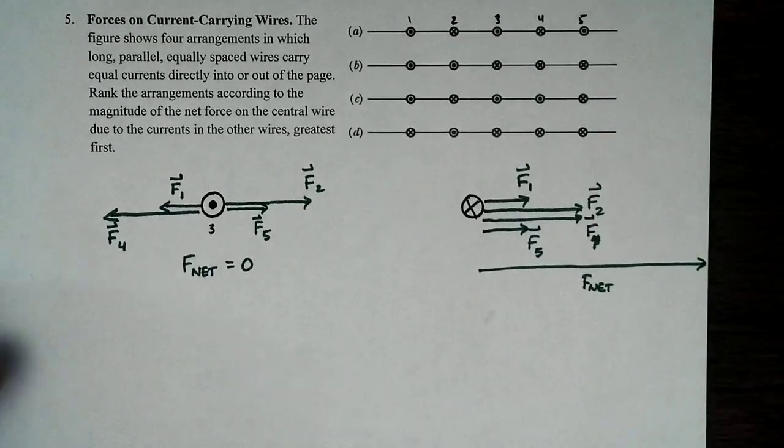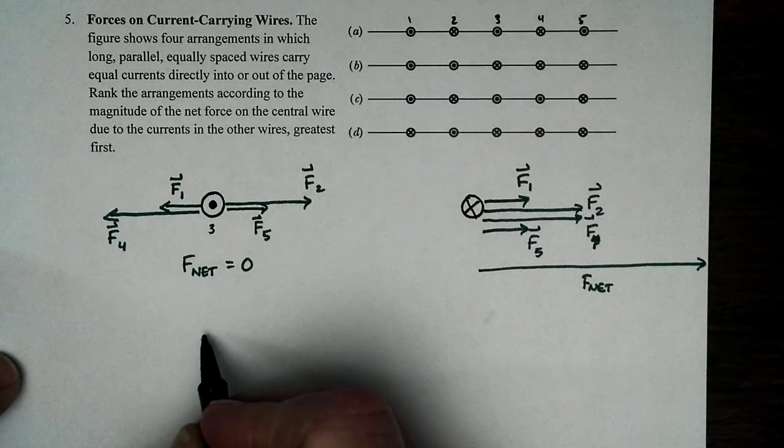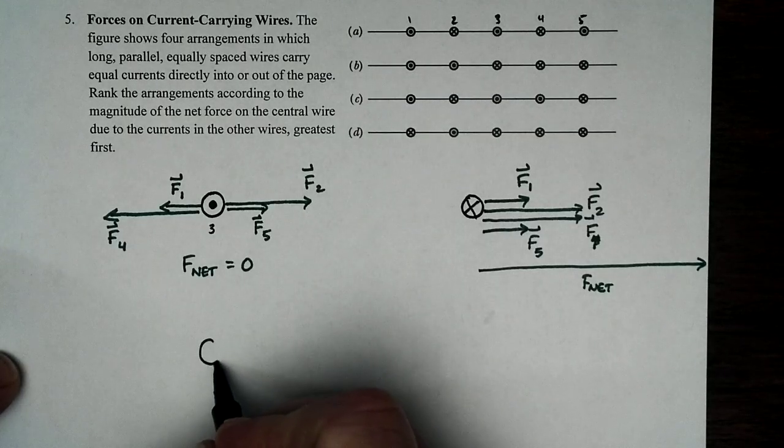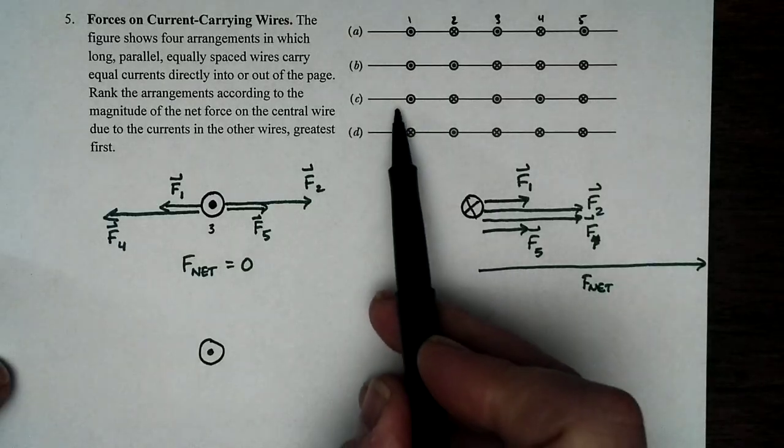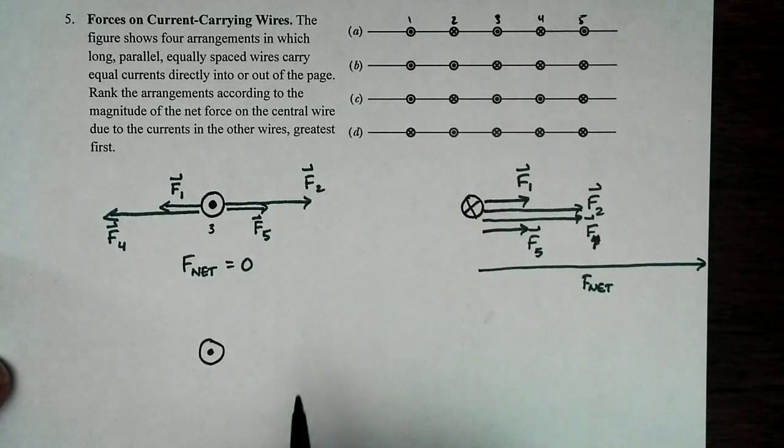Let us see. Okay. Arrangement C. Here's current coming out of the page. Out of the page, out of the page.